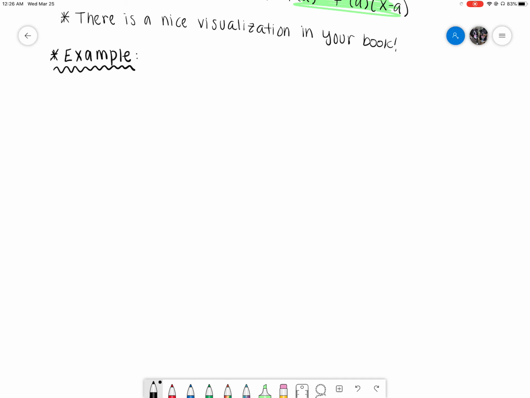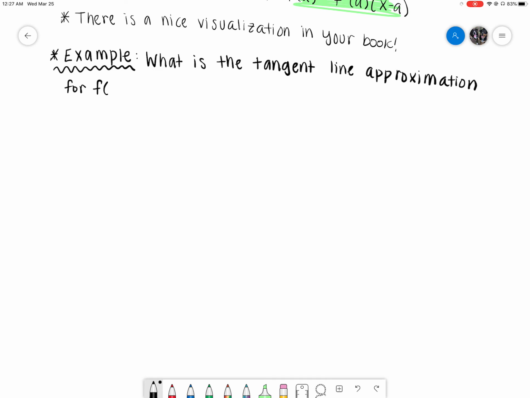So in our example, we want to know what is the tangent line approximation for f of x equal to cosine of x near x equals pi over 2.